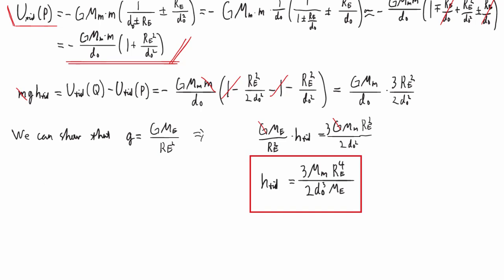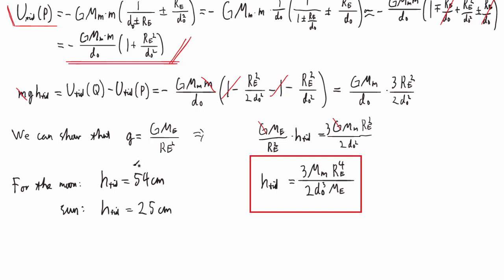In fact, if you plug in the numbers for the moon, the tide is going to be about 54 centimeters, while for the sun, it's on the order of 25 centimeters.